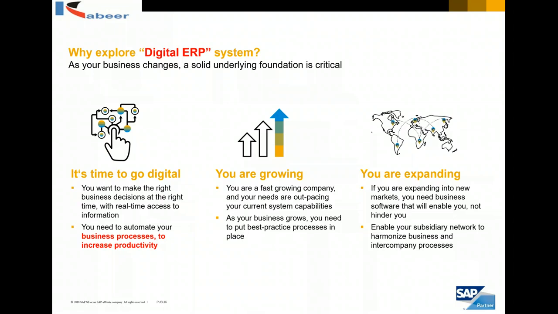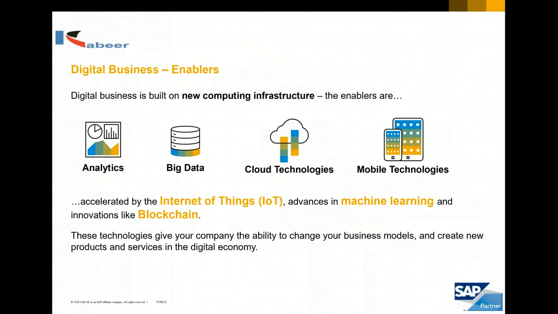Specifically, digitalization and automation are more important when your business is growing, when you're expanding. So if it's an expanding, growing business, this is even more important. What makes a business digital?